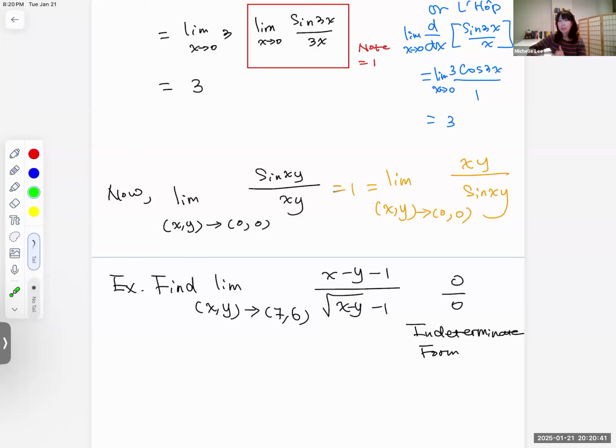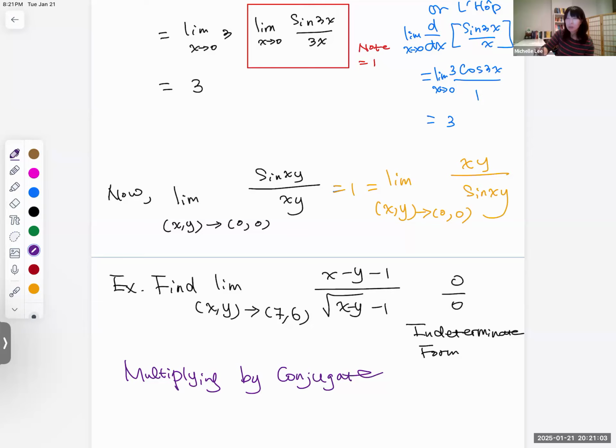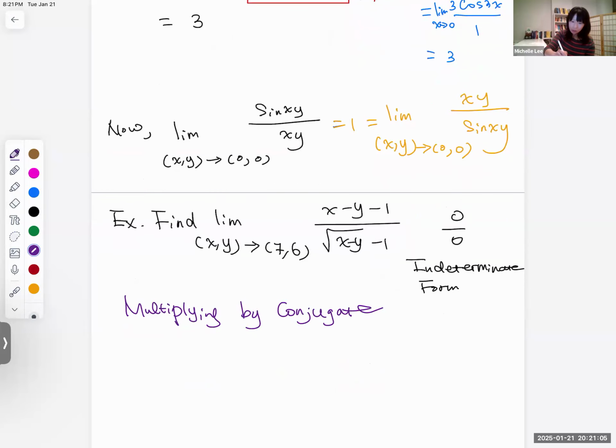Do you remember? Conjugate, right? So we are multiplying by the conjugate. Same technique, we're using it.